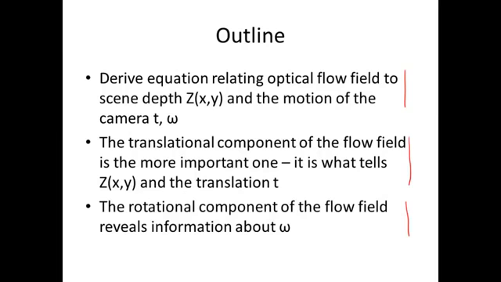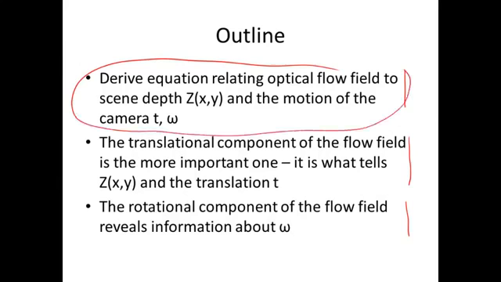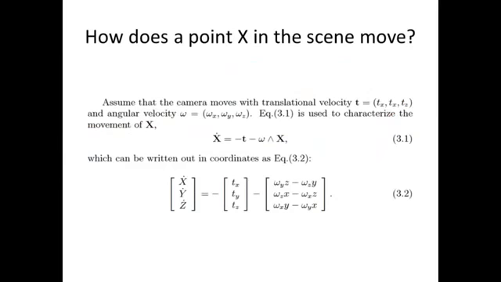Our goal is going to be to derive the equation which relates the optical flow field to scene depth Z of x,y and the motion of the camera, t and omega. Okay, so let's get going. How does a point X, and note that I always use uppercase quantities for scene variables, how does a point X in the scene move?